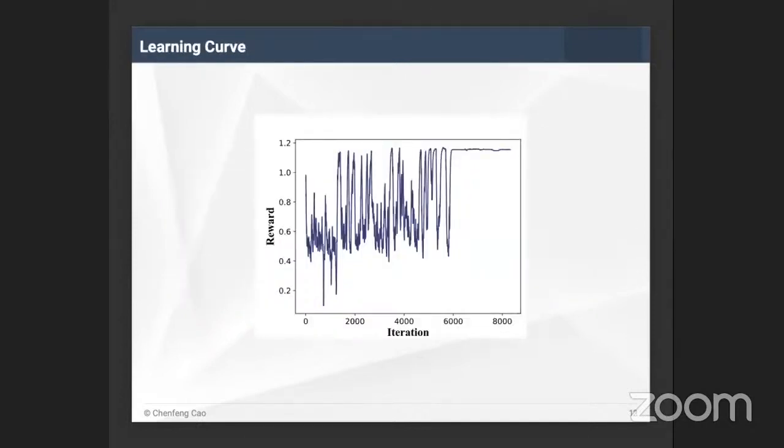Here we show the learning curve during the training. The reward is noisy during the training process, but it converges after about 6,000 iterations. The agent finally learned the strategy and found the optimal ordering.